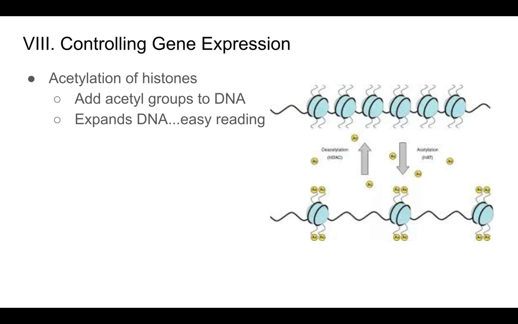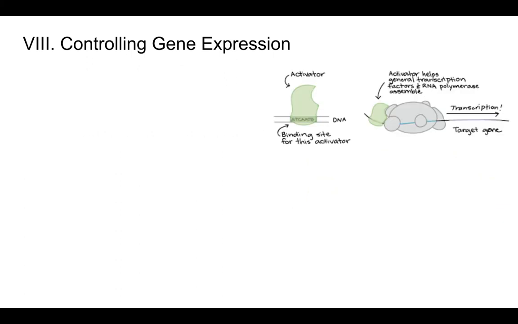Adding acetyl groups to the histones where the DNA exists will expand that DNA and open it up and make it easier to read or transcribe, which will increase our protein synthesis. So one way of controlling gene expression at the pre-transcription level is to add and remove methyl and acetyl groups.